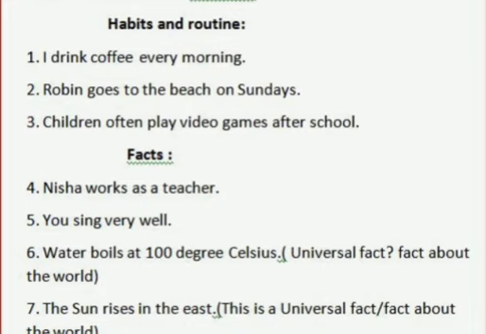Next is a fact. See, simple present tense is used for expressing habit and routine. Also, simple present tense is used for expressing a fact. So just see what the facts are here. Nisha works as a teacher. So it's a fact. It's true that I'm working as a teacher, right? Here Nisha is a proper noun.